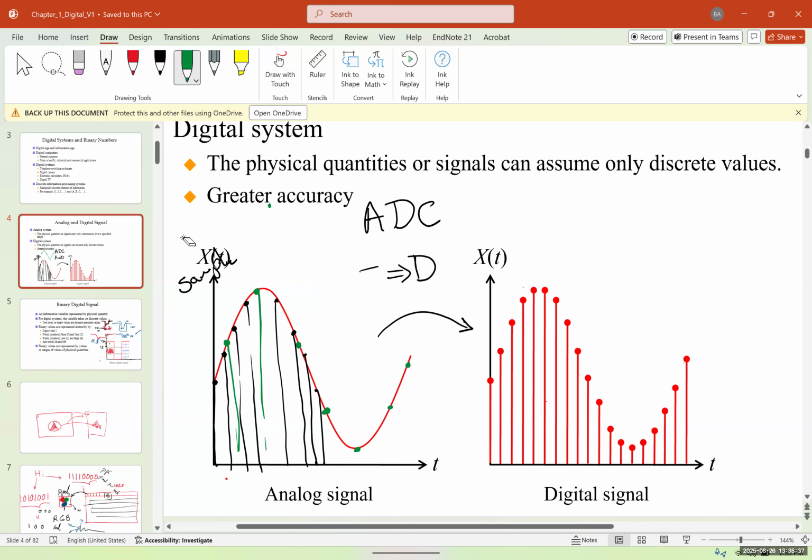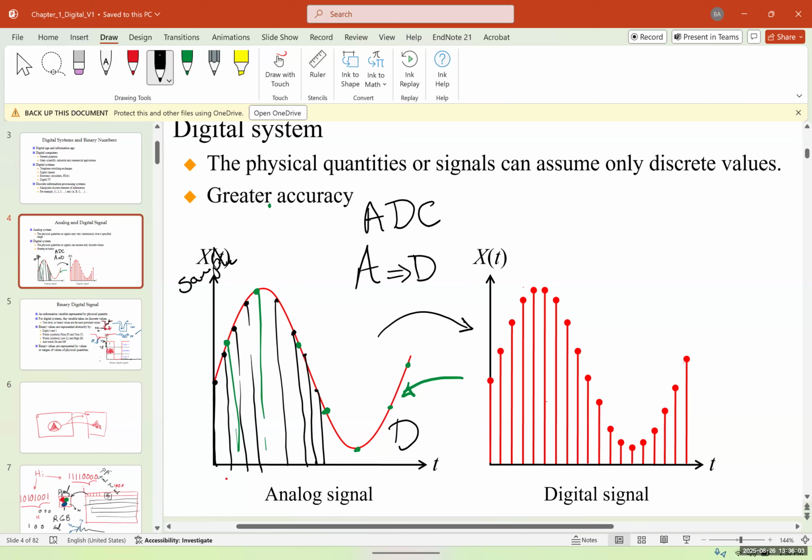Now, by sampling, we can convert an analog signal to a digital one. Now, how can I go from a digital signal back to an analog one? If I have a digital signal, which I have in the left one, and I want to go to an analog signal, how can I do it?